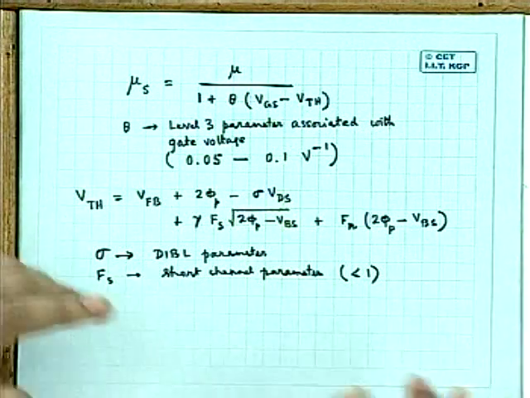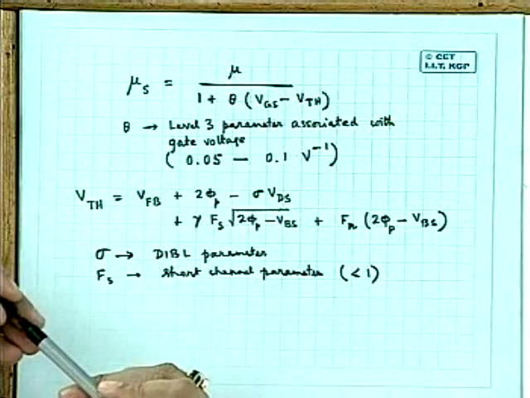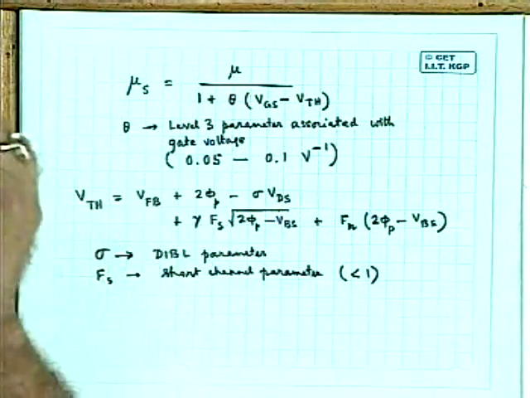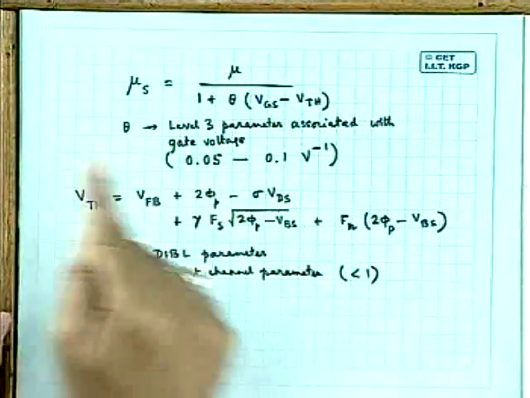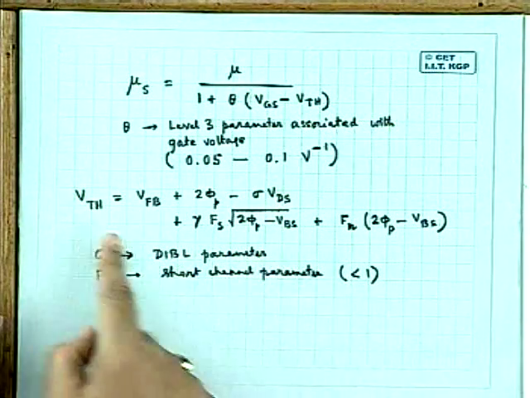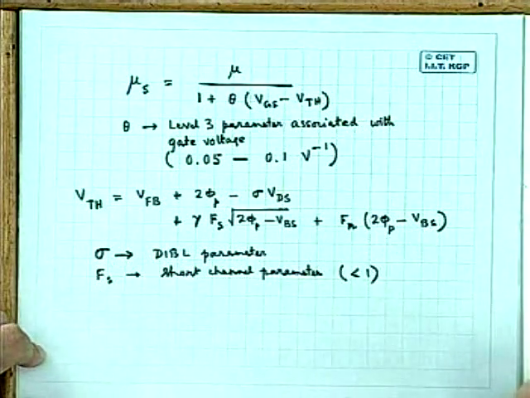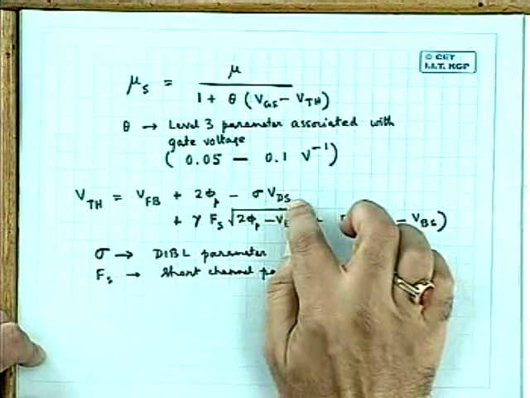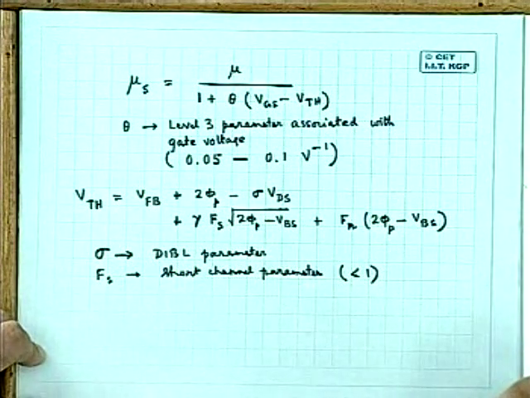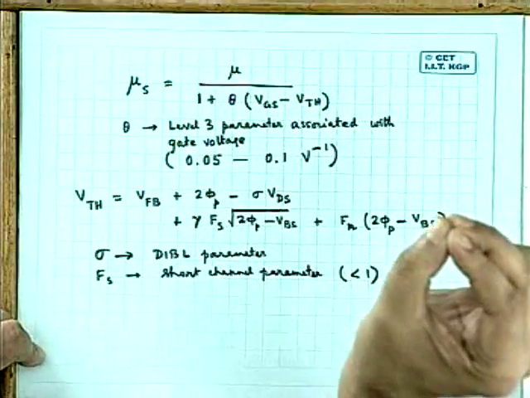You will understand it if you remember the basic principle of the charge sharing model: the so-called DIBL effect, which is a two-dimensional effect, was not considered there. But somehow the model is such that VDS automatically comes in. But the Fs value alone cannot explain the total dependence of VTH on VDS, and that is why this third term has been introduced, a coefficient sigma attached to VDS, which explains the additional contribution due to DIBL.